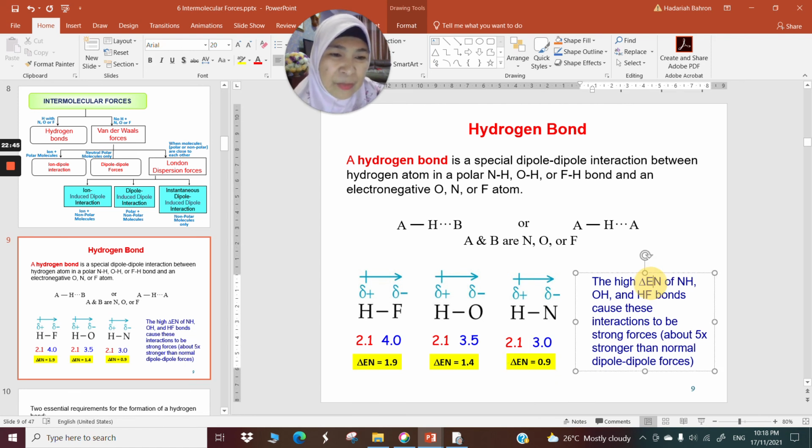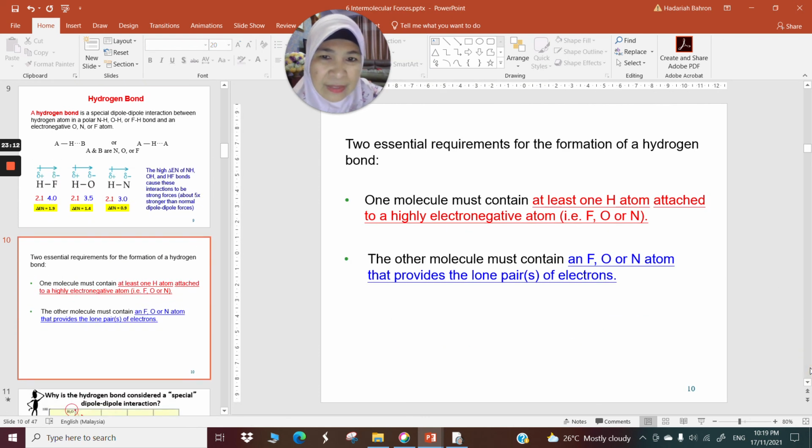The high difference in electronegativity of the N-H, O-H, and H-F bonds causes the interactions between them to be strong, sometimes up to 5 times stronger than normal dipole-dipole forces. When you have a situation like this, let's have a look at the next slide. Now, two essential requirements for the formation of a hydrogen bond.